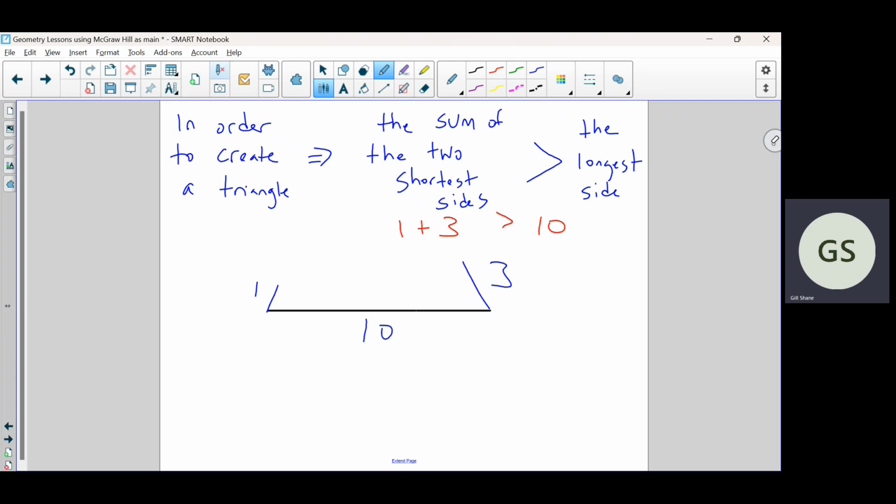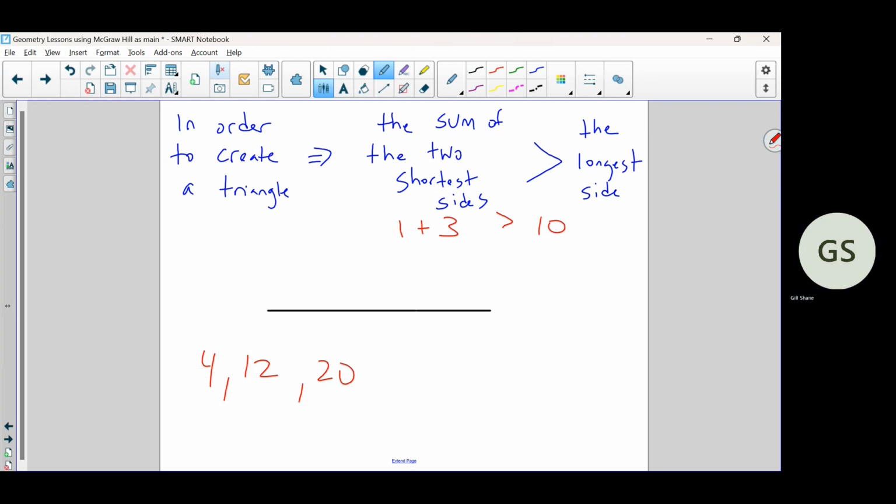Now let's keep changing the side lengths. I'm running out of room, so I'm just going to give you the side lengths. Let's say I give you 4, 12, and 20. What do I do? Plug it in.